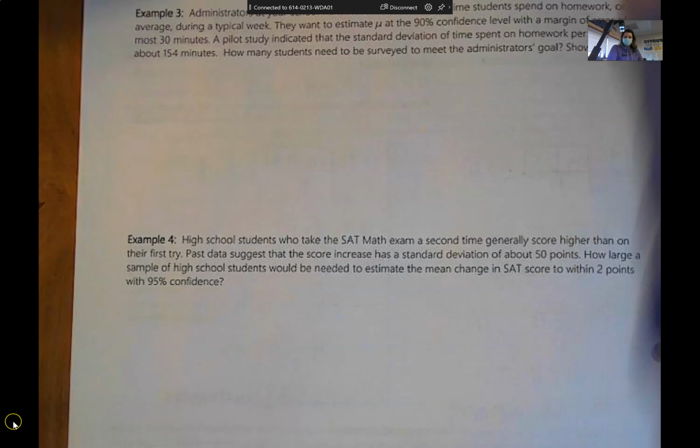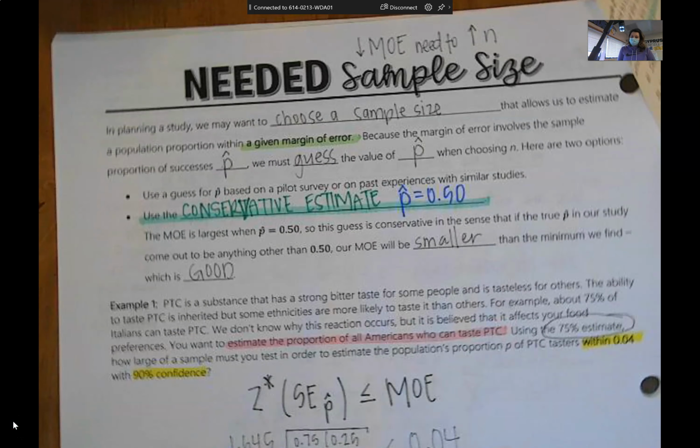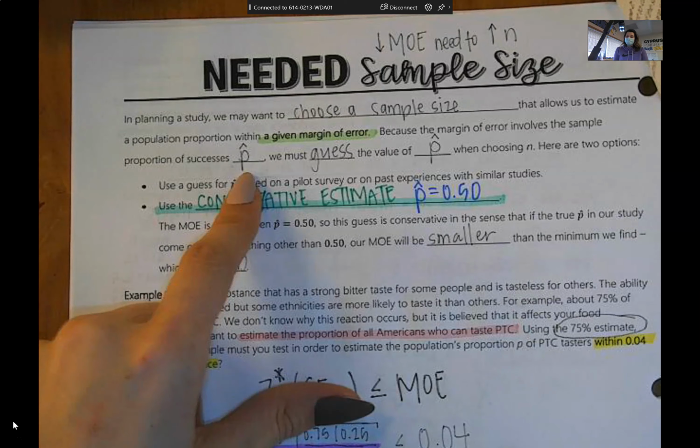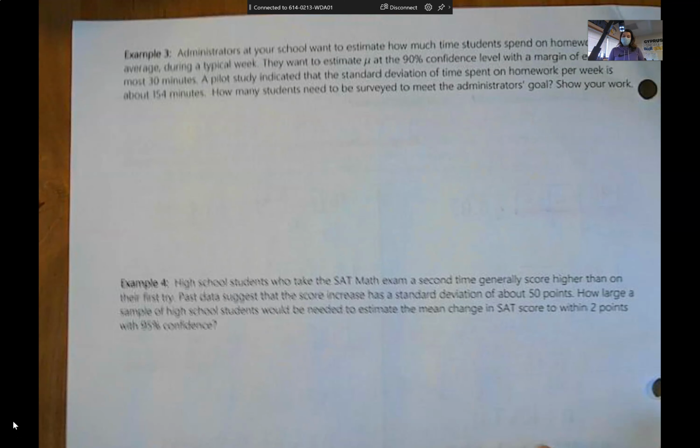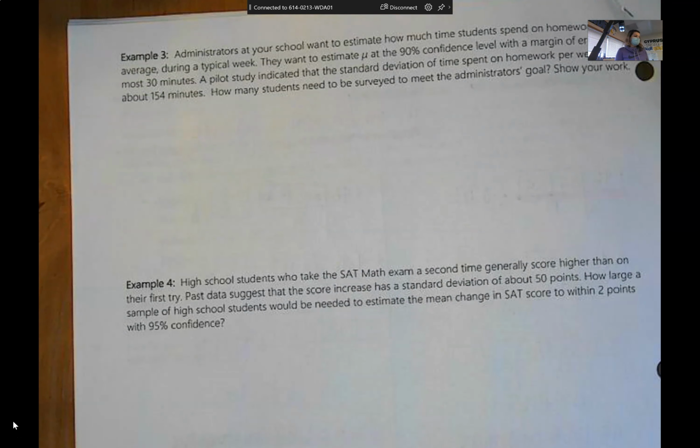So for the first set of problems that we did, these were all for a proportion. We can do this for a mean, even though it is less common to do it for a mean. So it's the same idea. Administrators at your school want to estimate how much time students spend on homework.